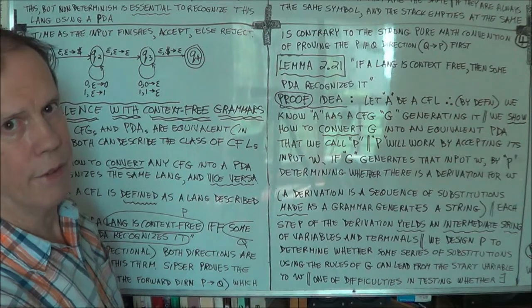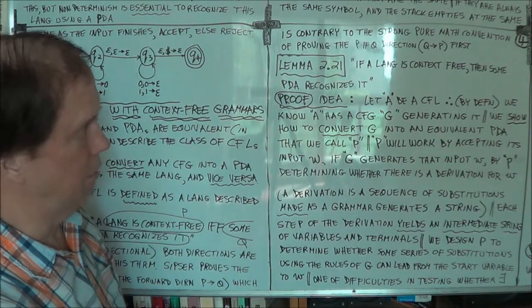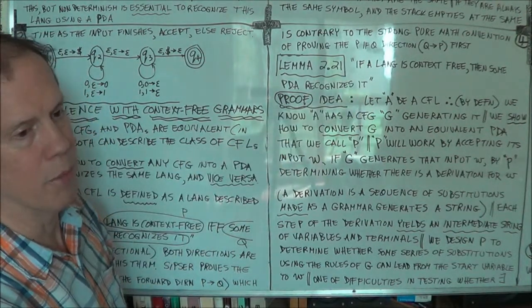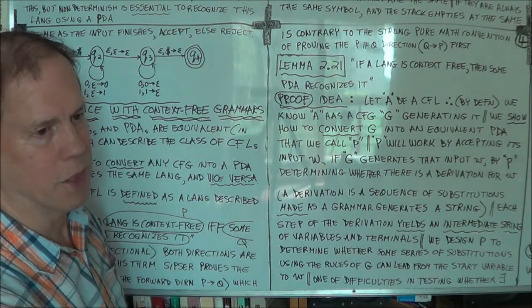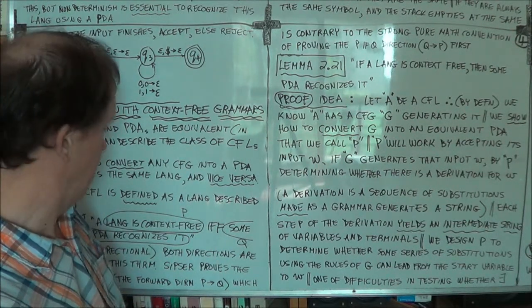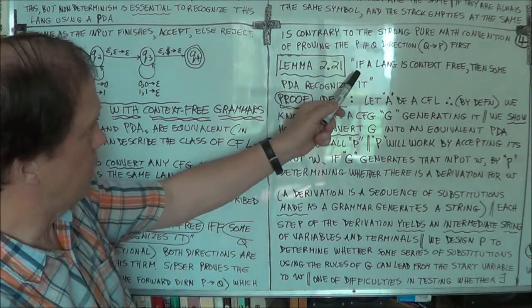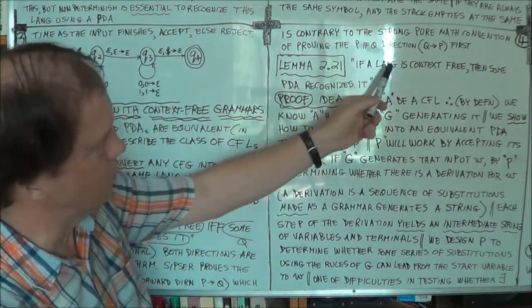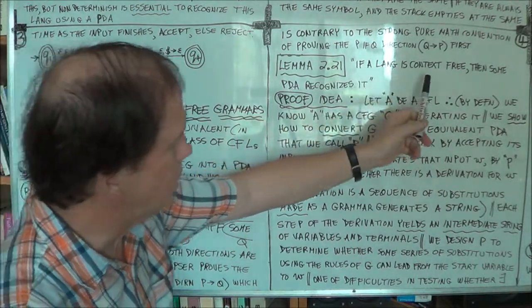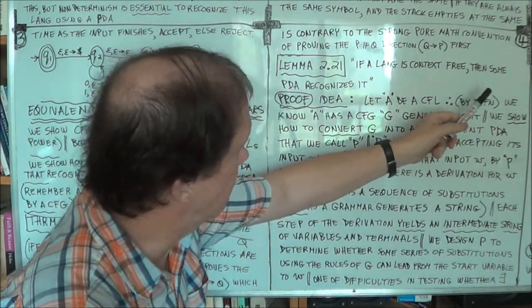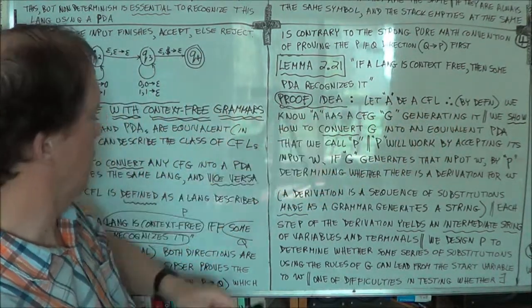That's the only if, and he's going to start with that one, despite, well, maybe he's not even aware, I'm not sure, of the pure math convention. It's quite strong. So in this lemma, here's the lemma statement, sort of like a theorem statement: if a language is context-free, then some PDA recognizes it.